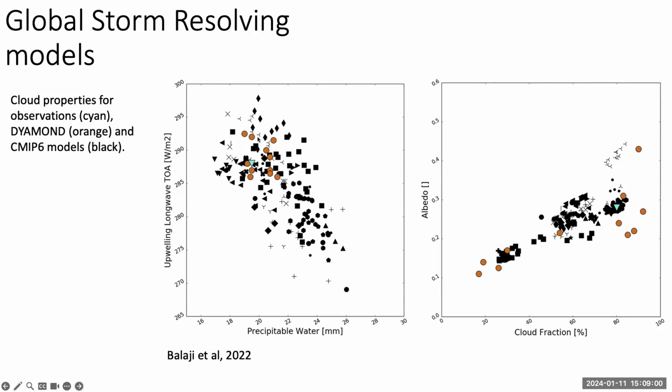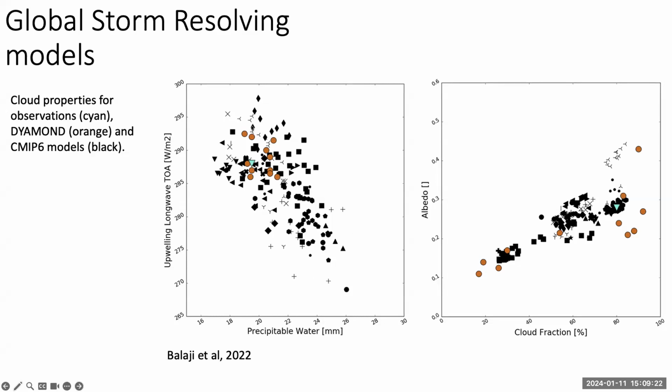The brown ones are the different GSRMs, and the cyan triangle is just an estimate of observations of different cloud properties. So here we are looking at upwelling longwave at TOA, so OLR, and this is precipitable water.